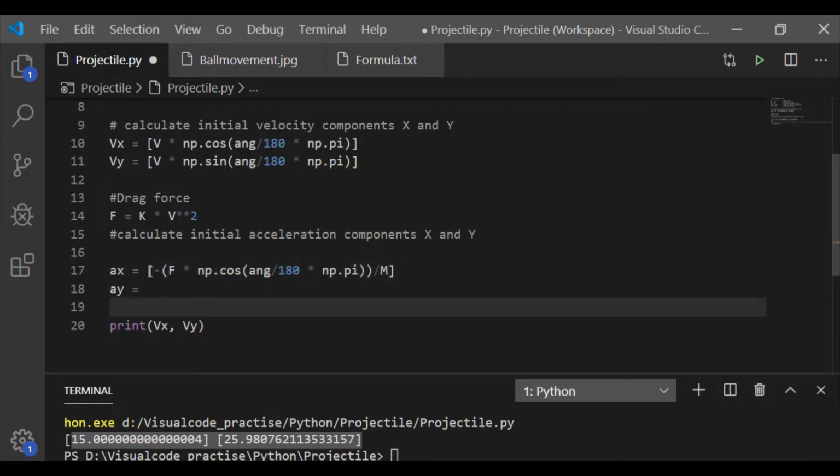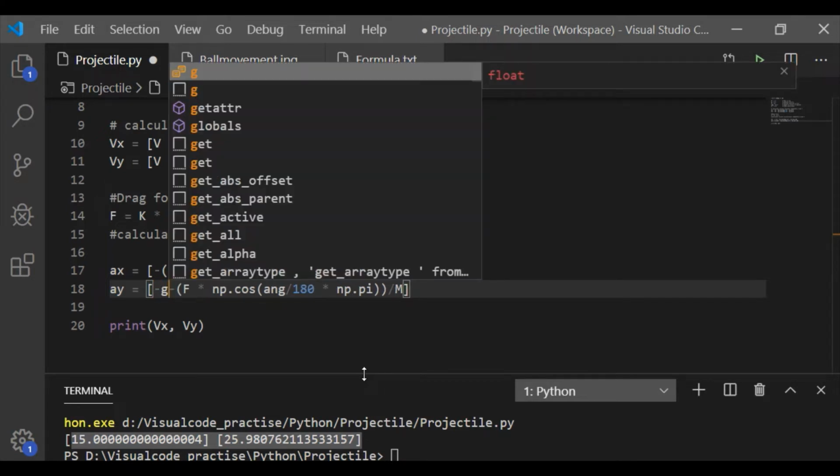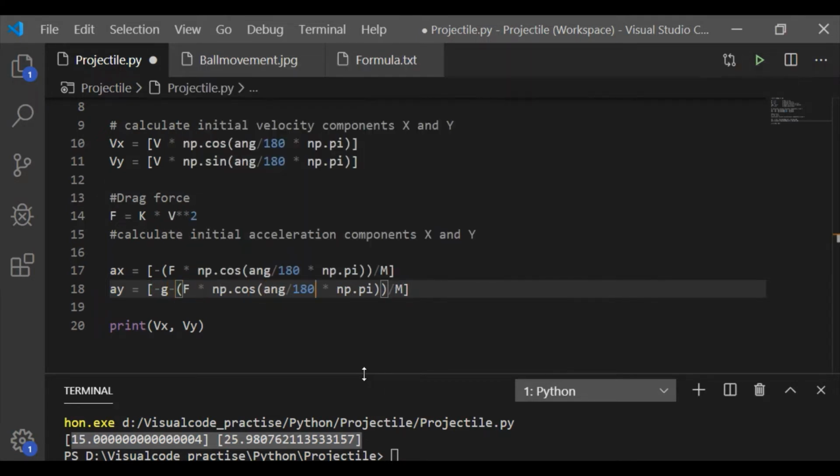We have taken mass as 1 kg here for the object ball. And now the y component of acceleration is minus g, that is the negative of gravity, minus F, where F is the drag force, multiplied by sine theta divided by m.